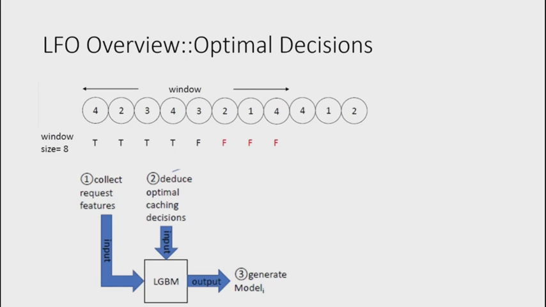When the available cache size is very little, LFO is going to prioritize the small object because it is going to produce a hit with a smaller cache overhead. So both the object size as well as whether an object is going to be accessed again are factors for determining the optimal decision.